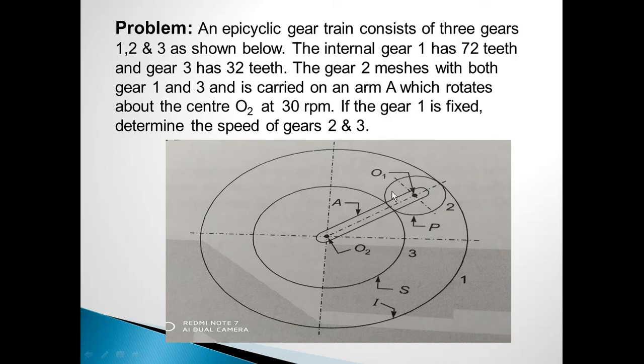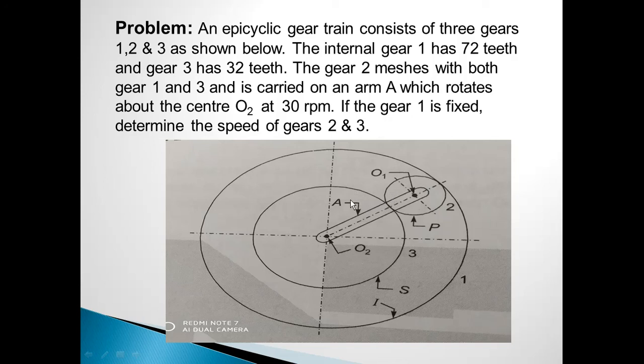Also, gear 2 is meshing with gear 1 internally, so whatever sign is possessed by gear 2 will be the same for gear 1, because 2 and 1 are meshed internally, but gear 3 and gear 2 are meshed externally.